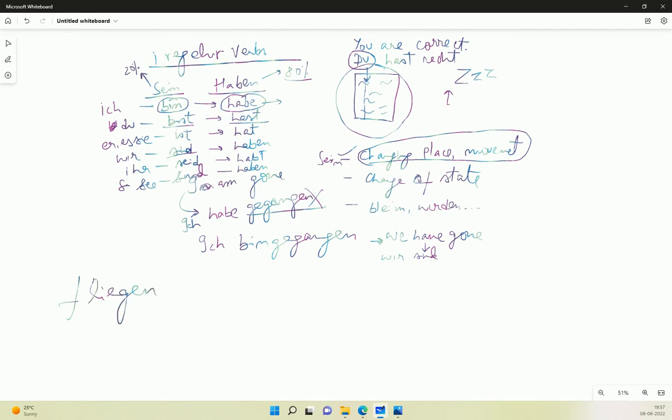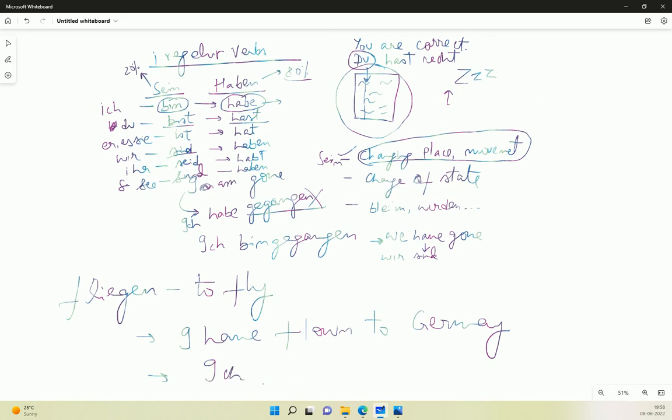Fliegen means to fly. Right? So अभी अगर मैं ये बोलूं "I have flown to Germany", तो ये होगा, by the way, let's say ich.